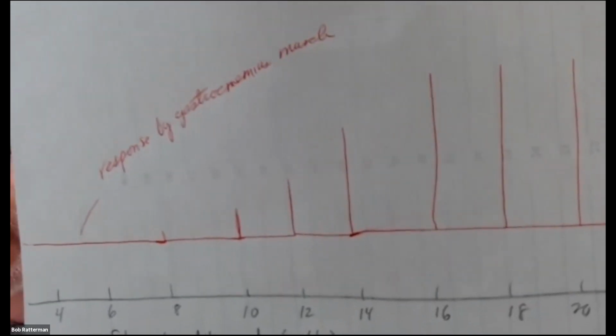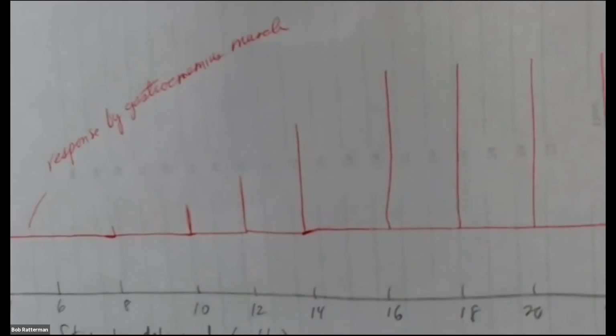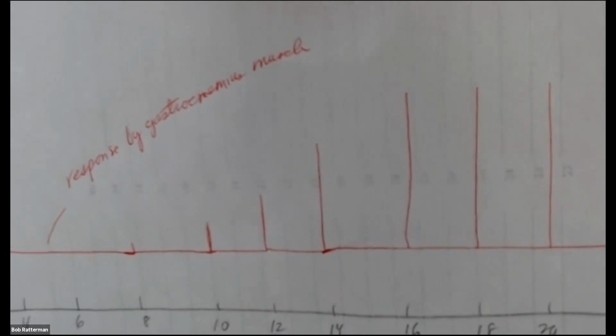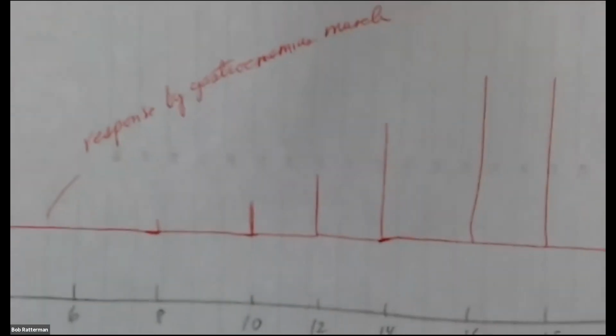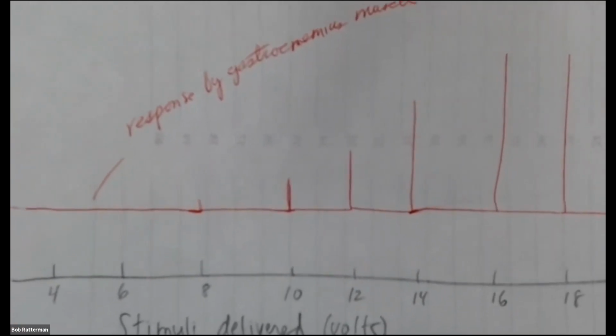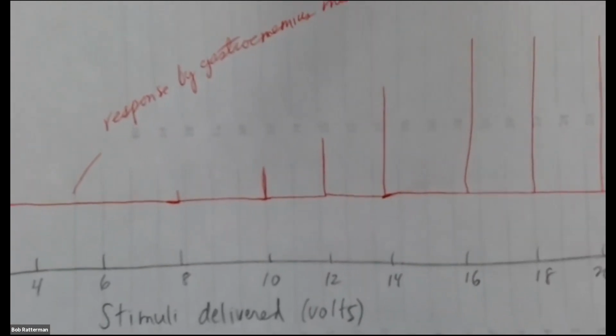At 4 and 6 volts, we said that was sub-threshold. It's still being stimulated the entire time, right? But at 8 volts, the first time we see it react, we've reached the threshold of some of the motor units, but not all of them.